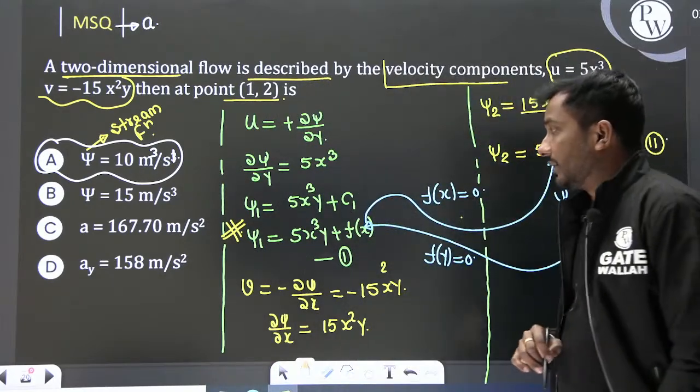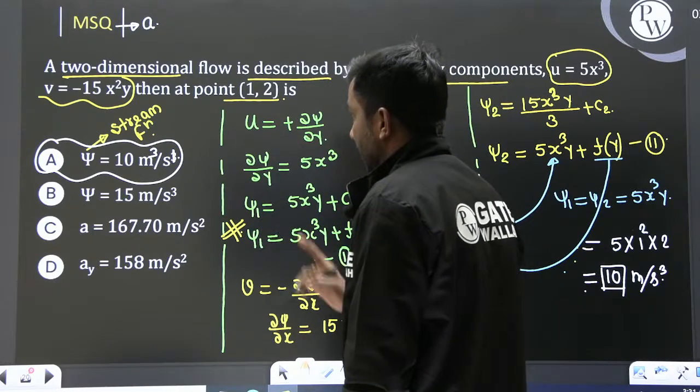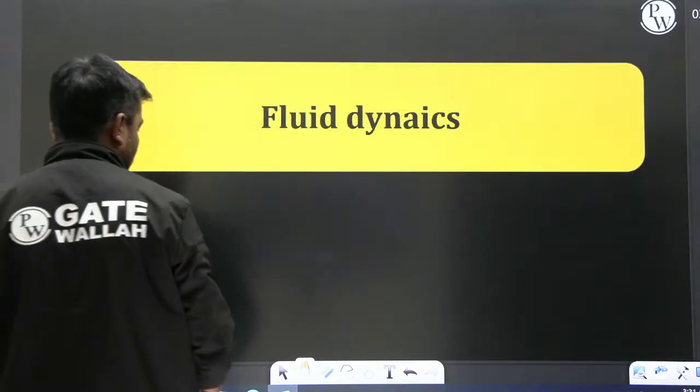Let me check the second answer. The second part says acceleration, total and y direction acceleration. So first we are going to check the y direction acceleration, then total.